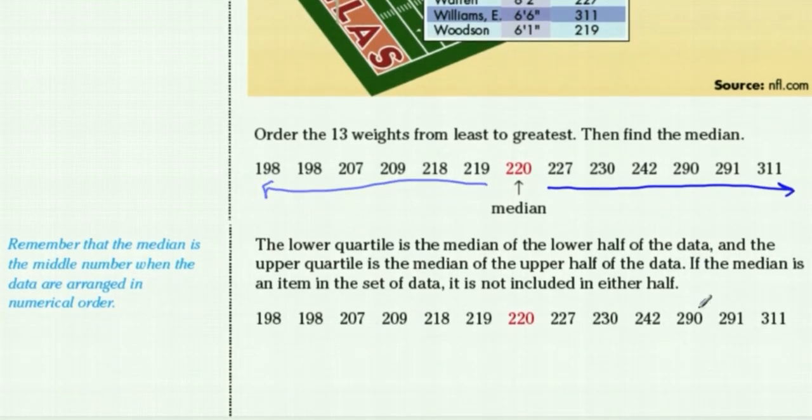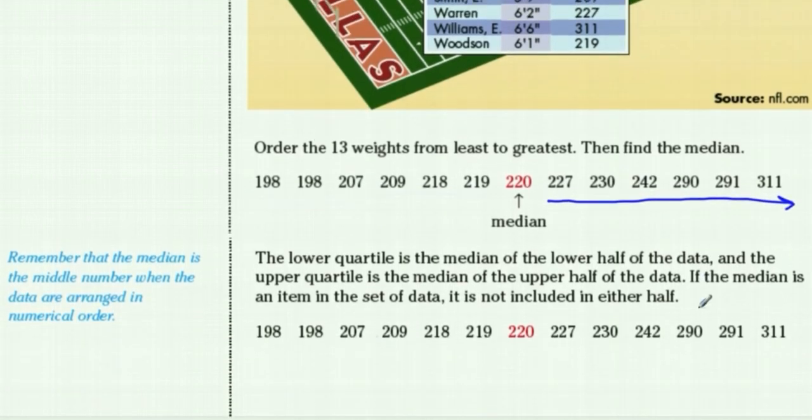If the median is an item in the set of data, it is not included in either half. So let's find our lower quartile and upper quartile, our Q1 and our Q3, because our median is our Q2. So this is Q2 right here.